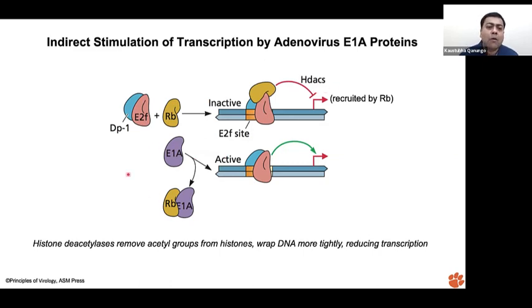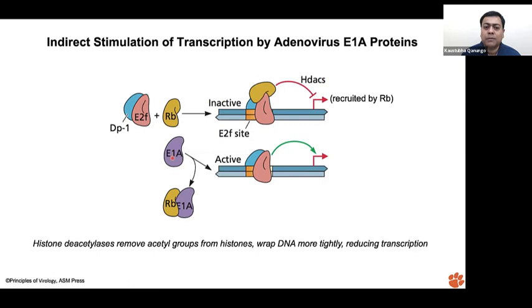Now see what the E1A protein of the adenovirus is doing. E1A binds directly to the RB, so this is a competition. RB cannot bind to the transcription factor E2F or DP1, and at that time it cannot recruit the HDACs. The E2F and the DP1 are active, and the adenoviral transcription can go on.